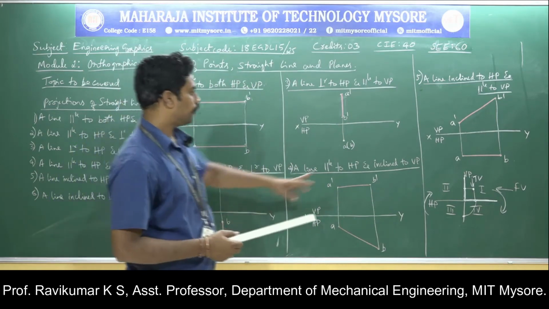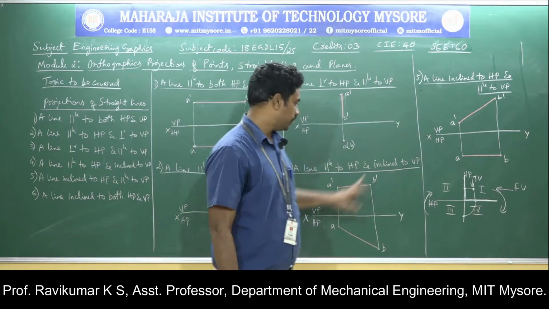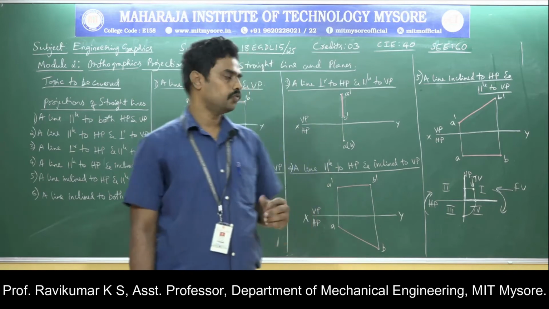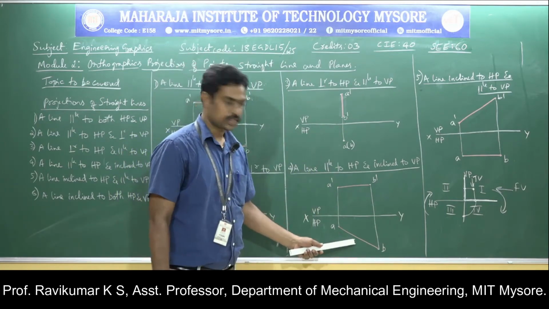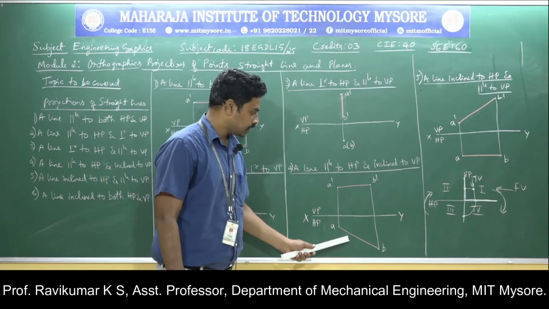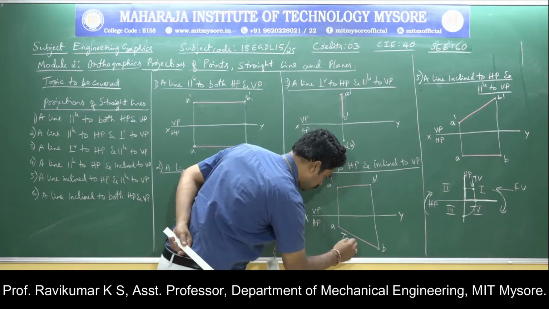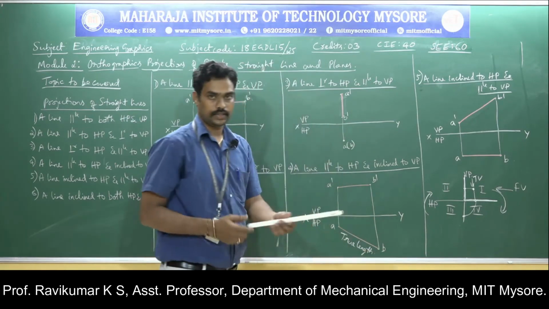From these two, the fourth one and the fifth one, I can extract some key points. If you just observe this, this is of its true length, the entire length.